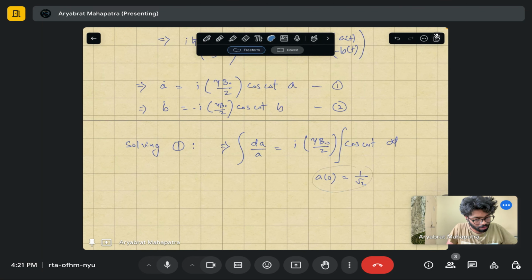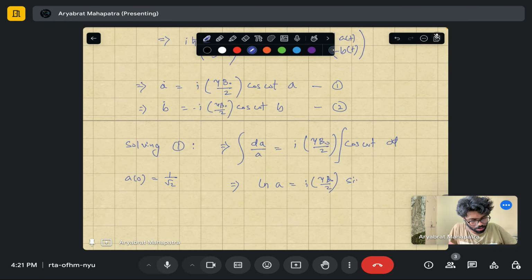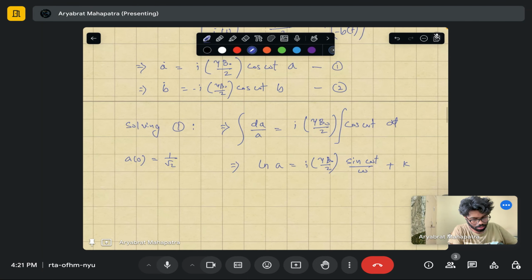So if you solve this, you will have log of a equals i gamma b naught by 2, sine omega t over omega, plus some constant, let's say k. So a is basically k times the exponential of i gamma b naught by 2 omega sine omega t.